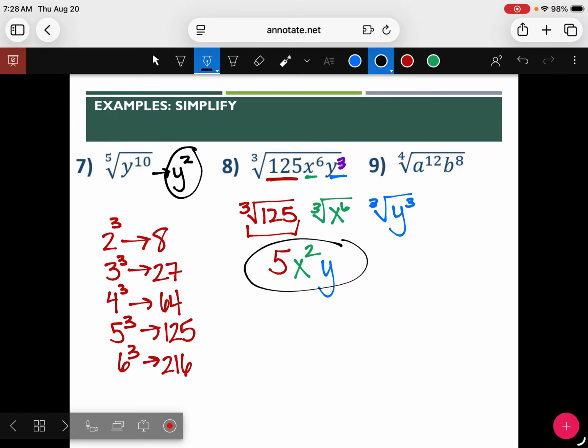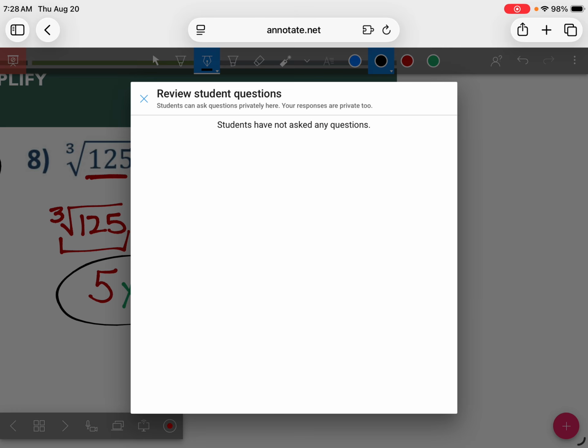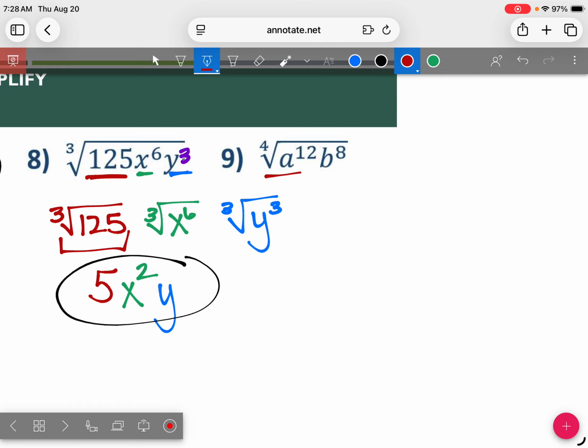All right, go ahead and try to do question 9 by yourself. I'm going to write it over here. So we have the 4th root of 12 apples, and the 4th root of 8 bananas. See what you get.